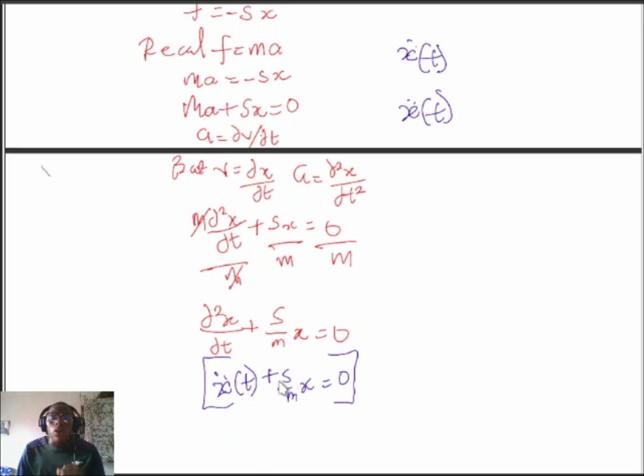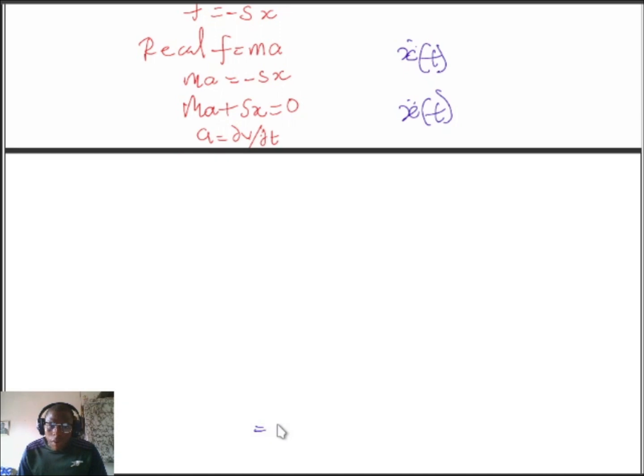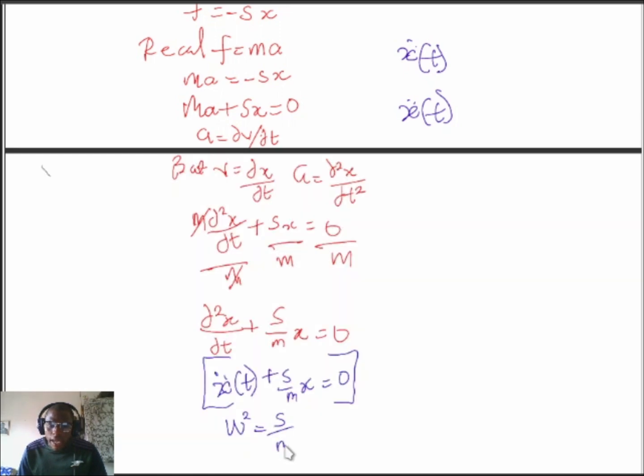But when you are asked to connect this equation to your simple harmonic equation, recall we talked about the angular velocity square, and we said angular velocity square is K over m from simple harmonic motion. In this case, the square of your angular velocity will be equal to S over m.